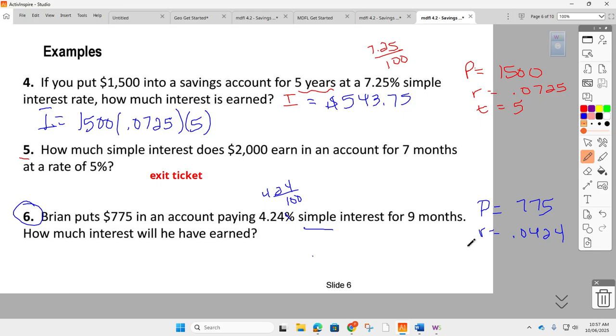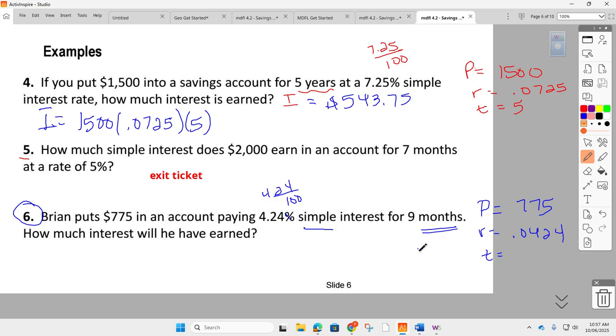And then the time. What's the time going to be? Kiana? Kylan? No. Not 9. Did you say 9? Yeah, but it's months, right? That's the trick question. Oh, time in years. So how do you find time in years if it's 9 months?